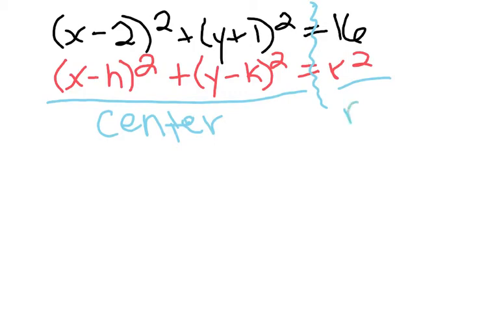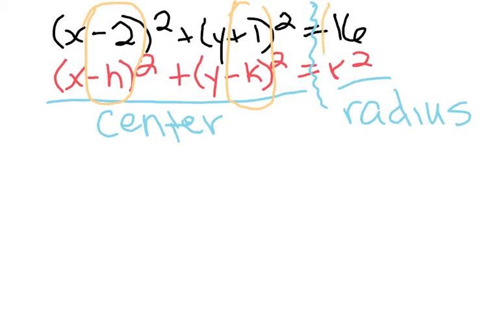Over here on the right, we're going to use that to solve the radius. One of the strategies that we used earlier was that we circled the top and the bottom term to help us figure out the answer.